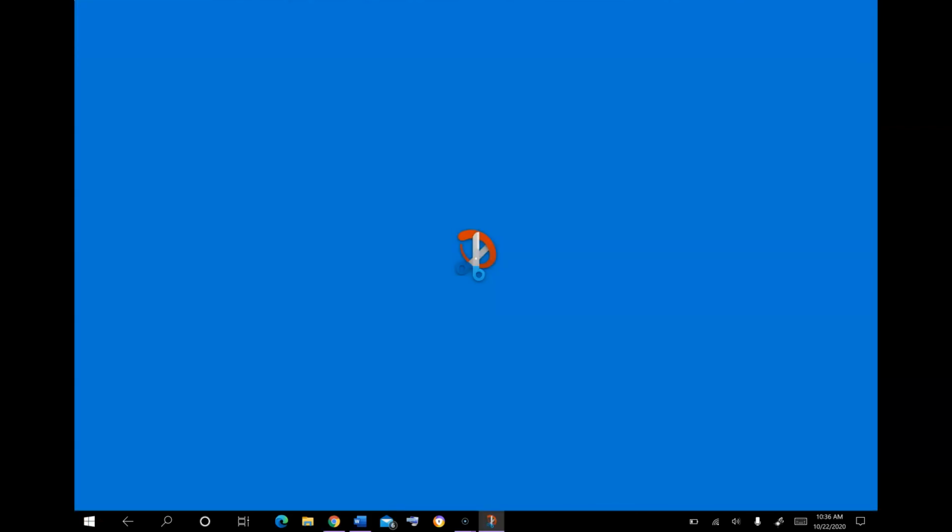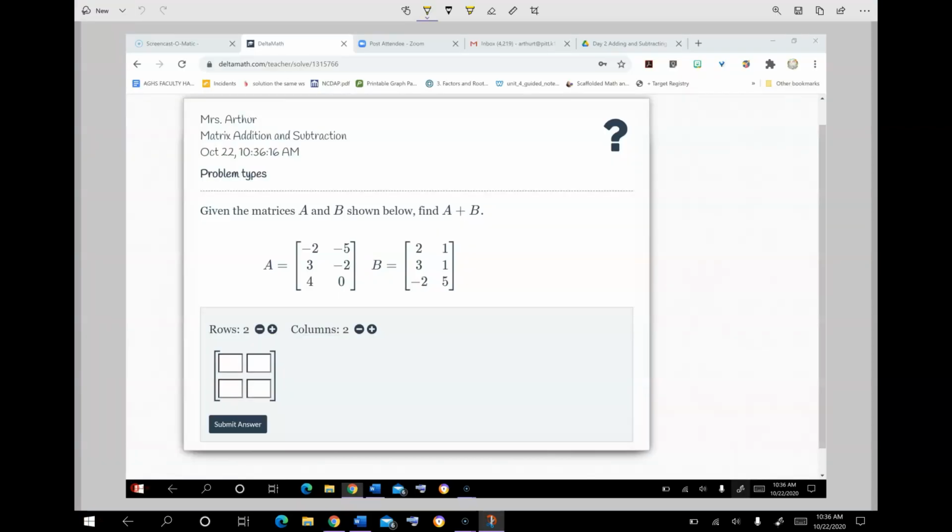So this one wants me to add A and B. I'm going to write our answer right here. So we're going to say negative 2 plus 2, that gives me 0. Then negative 5 plus 1, that gives me negative 4. 3 plus 3, 6.